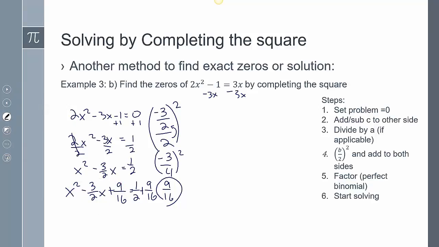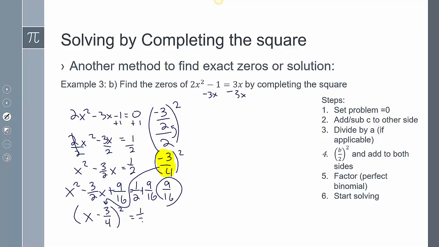Now a hint is going to be this value is going to be the value that's going to be inside when you factor it. So I can factor it like this, x minus 3/4 squared. So that value is going to be the same. You can go ahead and rewind this video and verify that on the other example I did, because I guarantee you that would be the same.